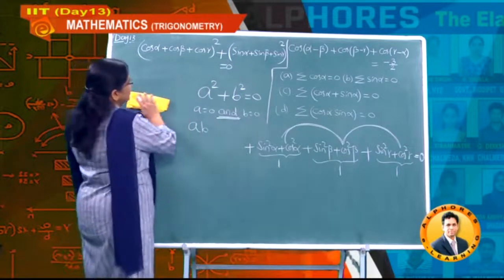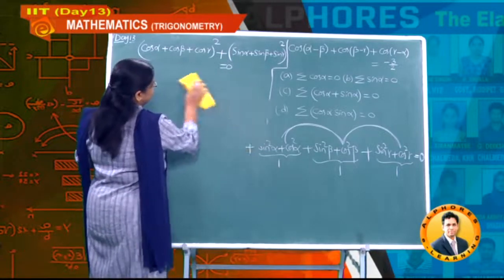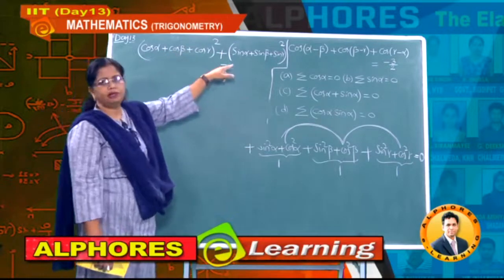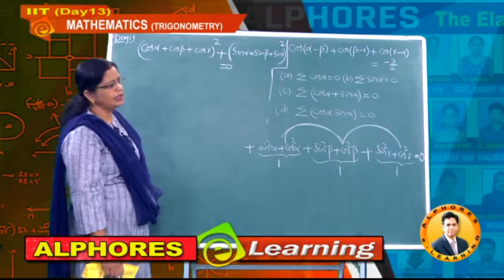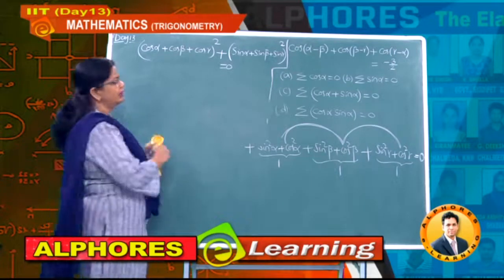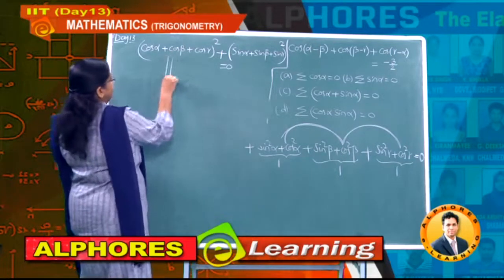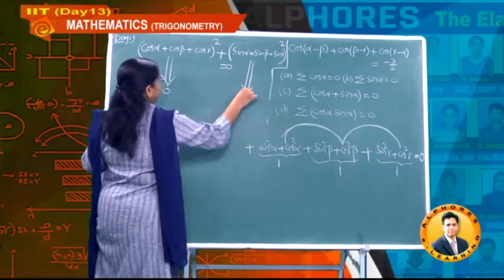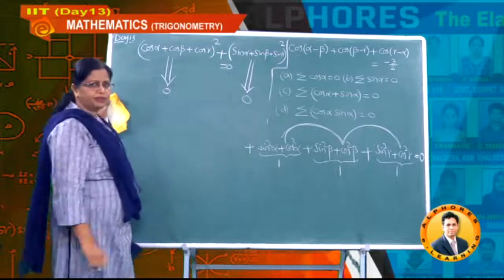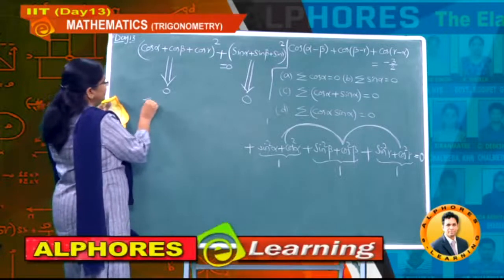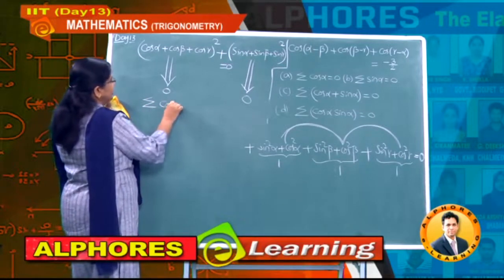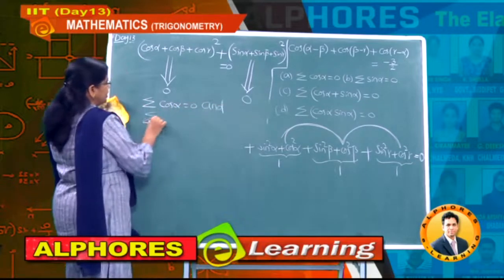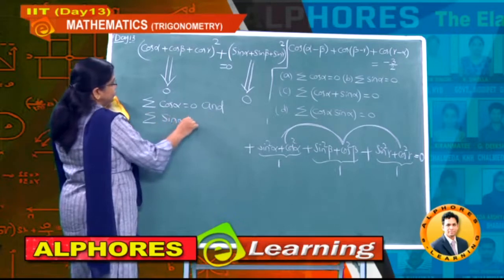Now cos alpha, cos beta, cos gamma, sin alpha, all these are real numbers, and therefore sum of squares of real numbers being 0 implies the only possibility is what? Each term must be 0. That means this has to be 0. Again this value also must be equal to 0. So what is the value finally you got? Sigma cos alpha is 0, and what is the other value? Sigma sin alpha also 0.